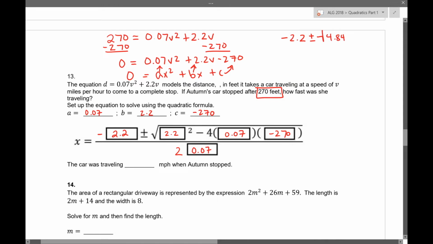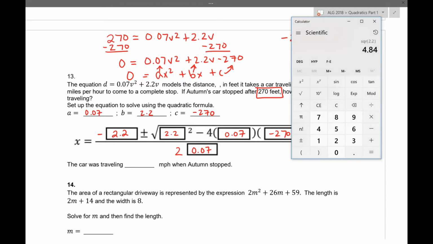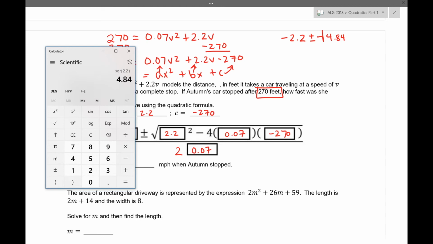Now I can multiply these three numbers. Let me show you. I multiply negative 4 times 0.07 times negative 270, sorry.